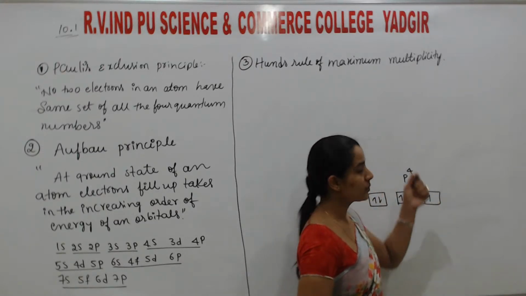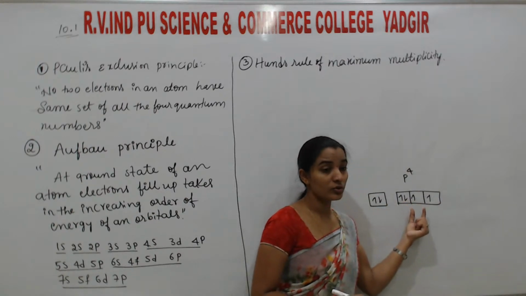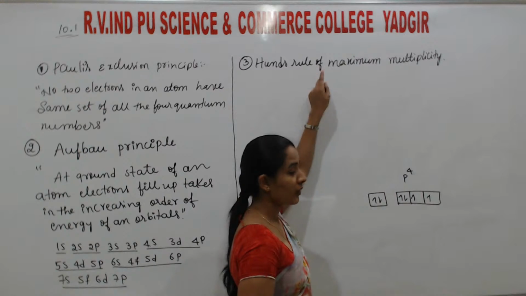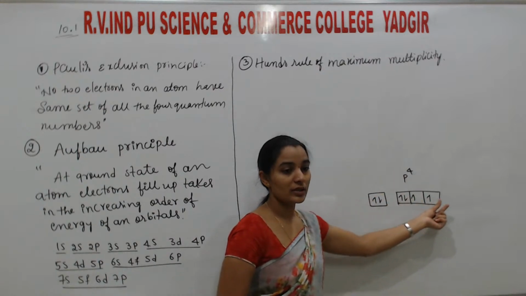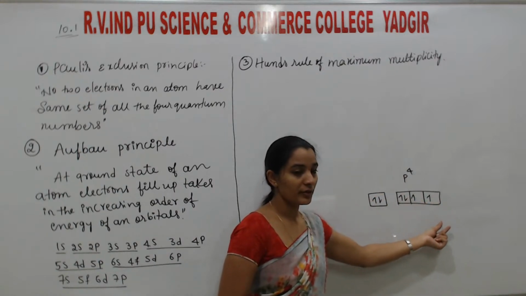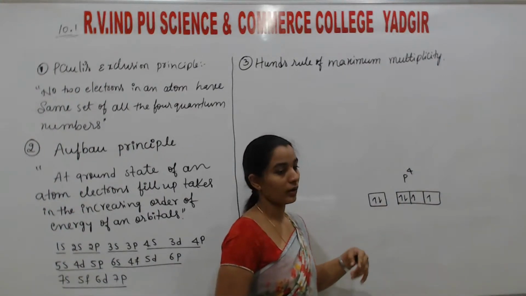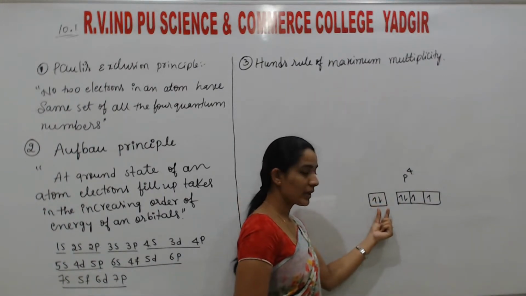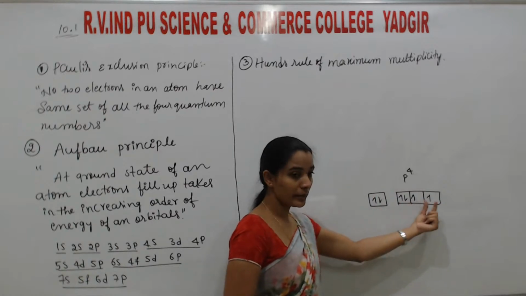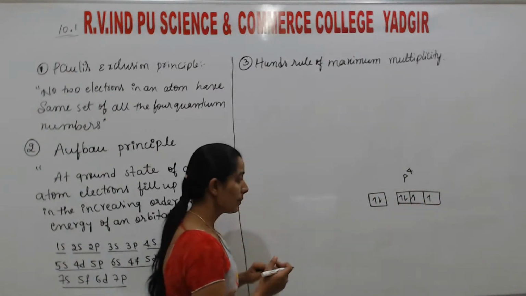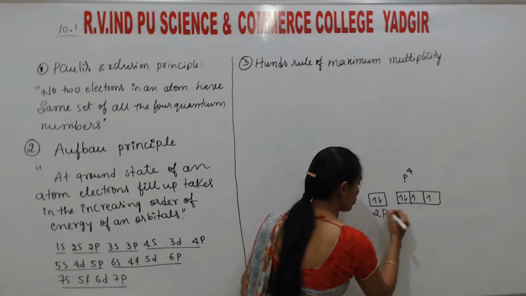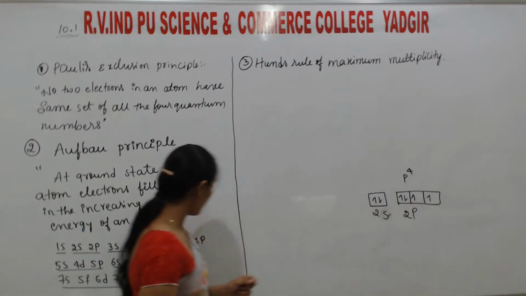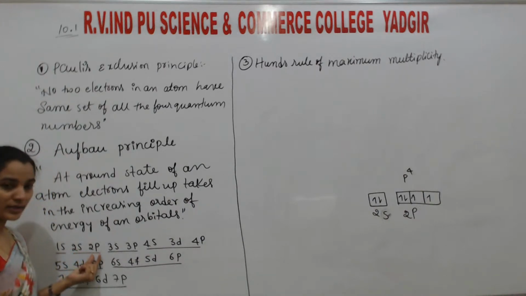This is explained by this rule. We need to fill up the electrons in this manner. Initially, they are filled singly, followed by the pairing. So here, Hund's rule of maximum multiplicity. Here for s orbital, they get paired up. In p orbital, it is like that, because these are of different energy. If we take 2s and 2p, 2s is here, 2p is here.